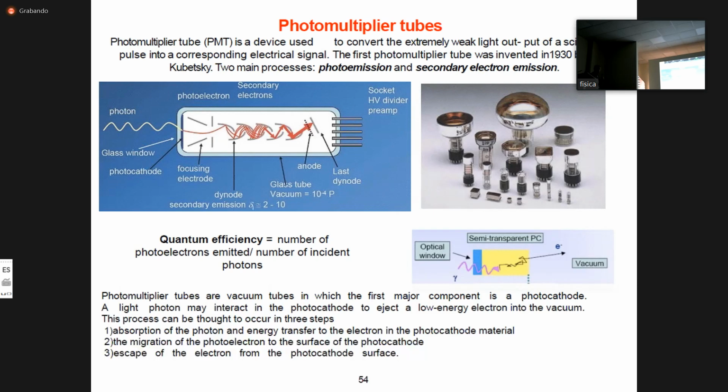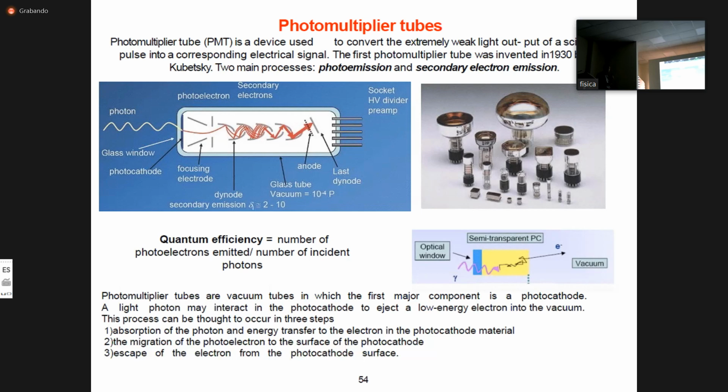And actually, you have some sort of an avalanche compared to the thing I mentioned about gas-filled detectors, but that's a little bit different because you have a vacuum here, and all electrons are produced through the interaction with this dynode structure.